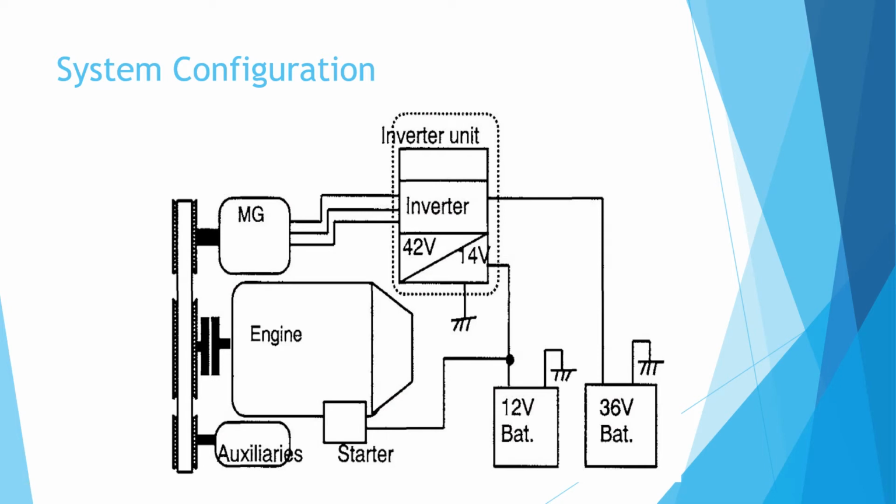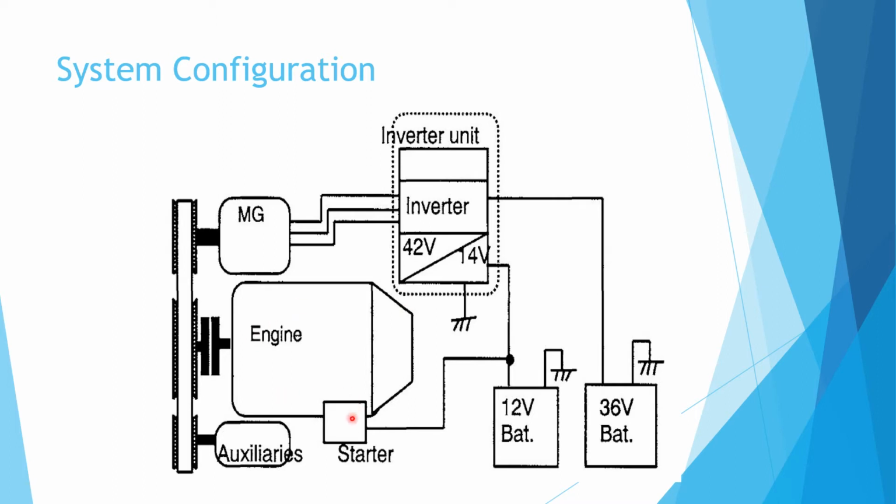As I told in the previous lecture, we discussed the system configuration of the 42 volt system. This is the picture of the configuration, where this is the main engine, which is connected with the MG, the motor or generator, and the auxiliary part with the belt drive.